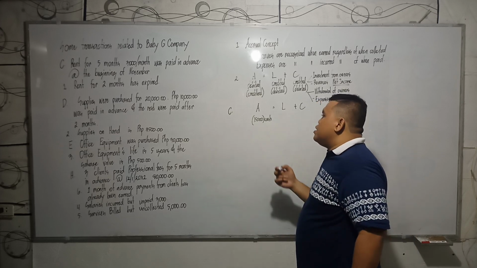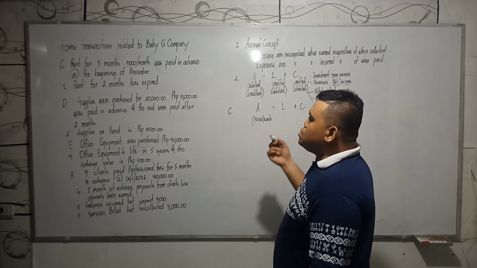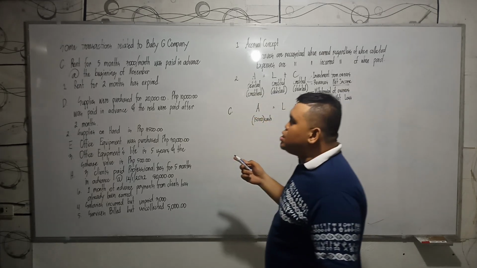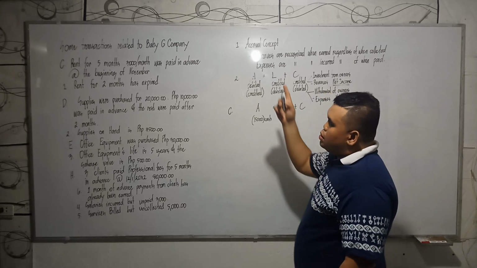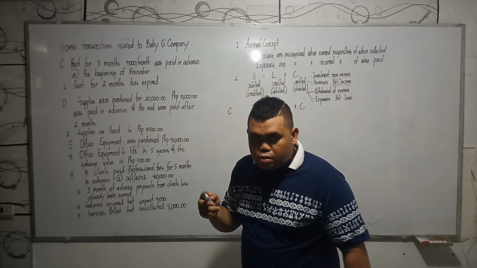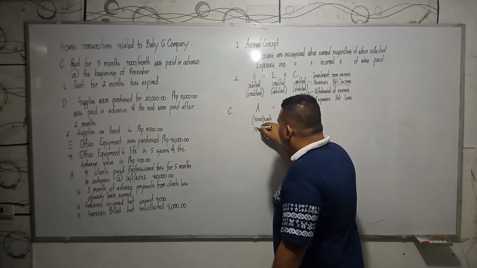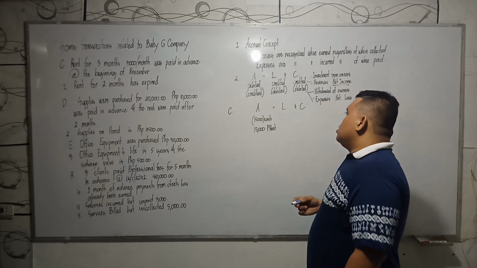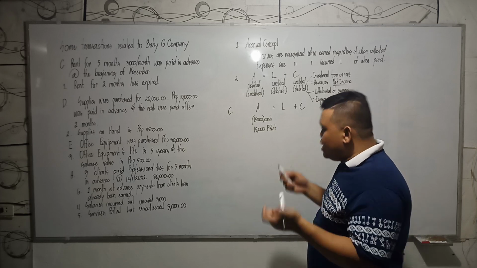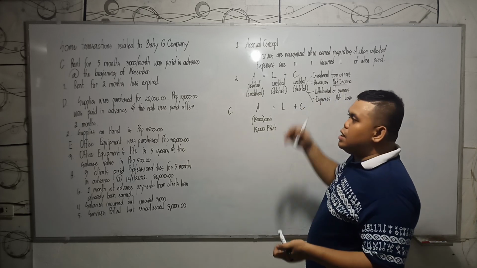So credit 15,000 cash. And I told you that since this payment of cash is not yet an expense, because you have not yet incurred the benefit for the rent in advance, then we have to have another asset, which is what we call the prepaid rent. Okay? So, basically, there is just an exchange of assets. Okay? So that's letter C.